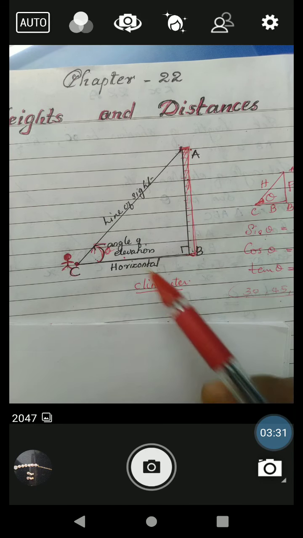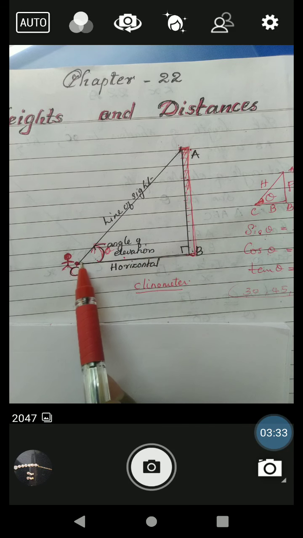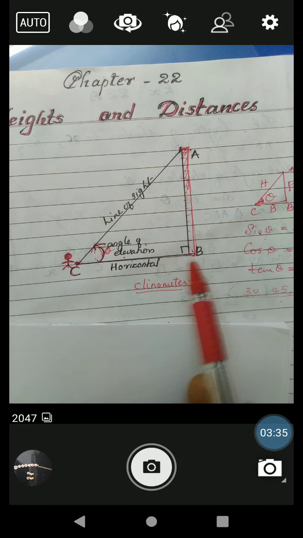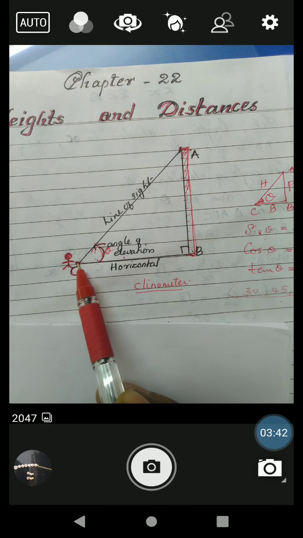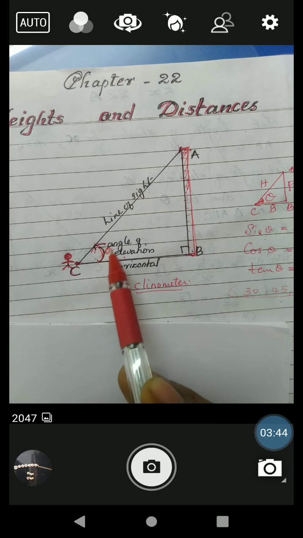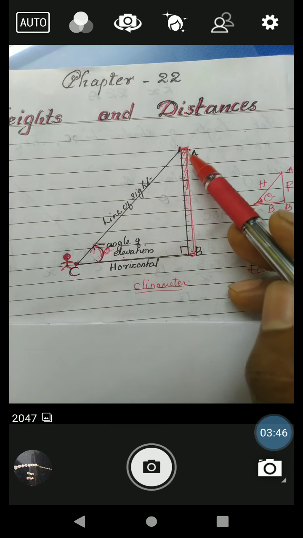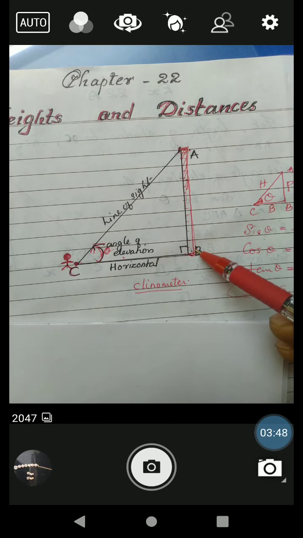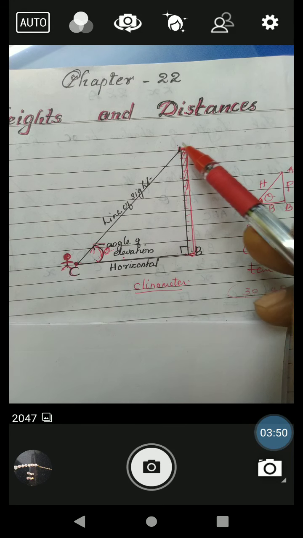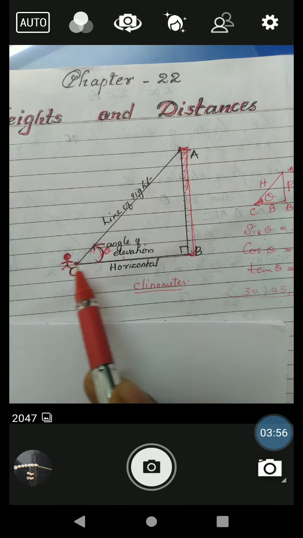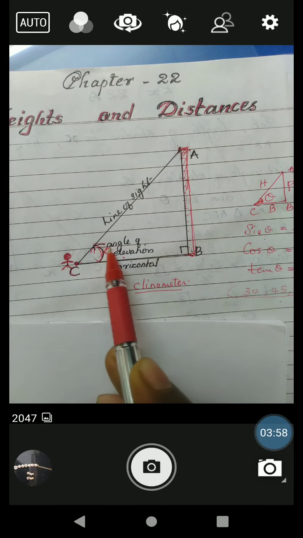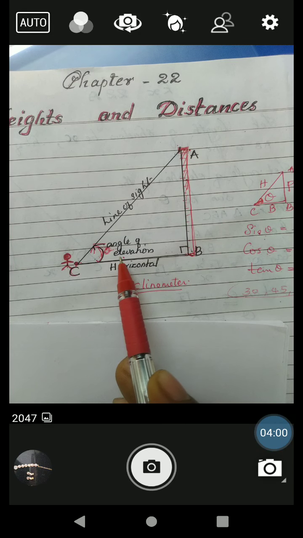Now, if you know the distance BC between the foot of the tower and the man, and this angle of elevation, you can easily find the height of the tower. It is difficult to find the height of the tower by measuring, but this measurement is very easy, and we can measure the angle of elevation also.